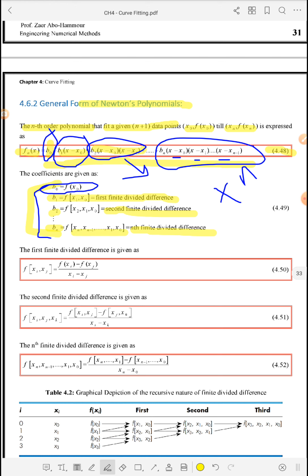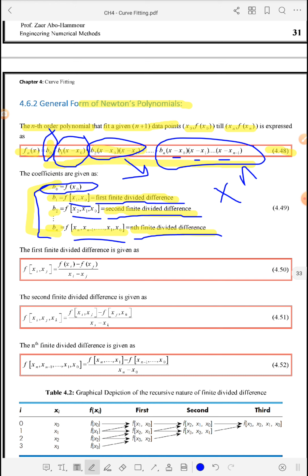So if we count the number of points for each divided difference, for the first divided difference we have 2 points. For the second divided difference we have 3 points. For the nth order divided difference we have n plus 1 data points.